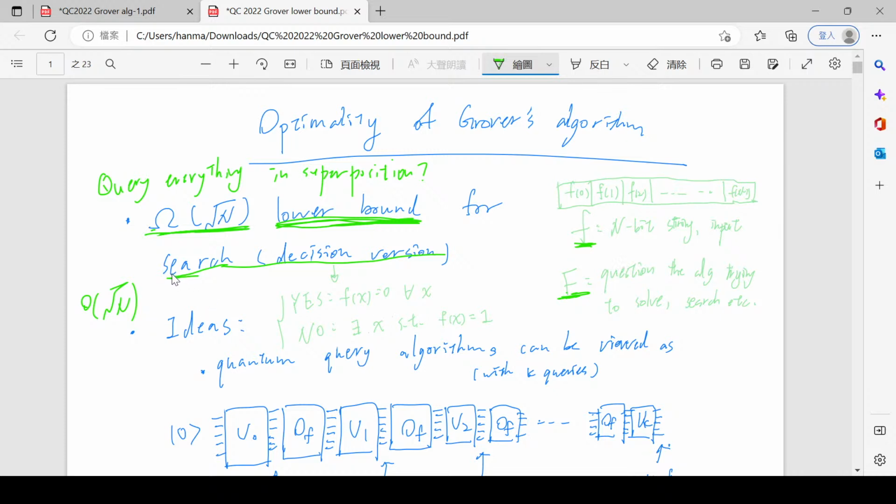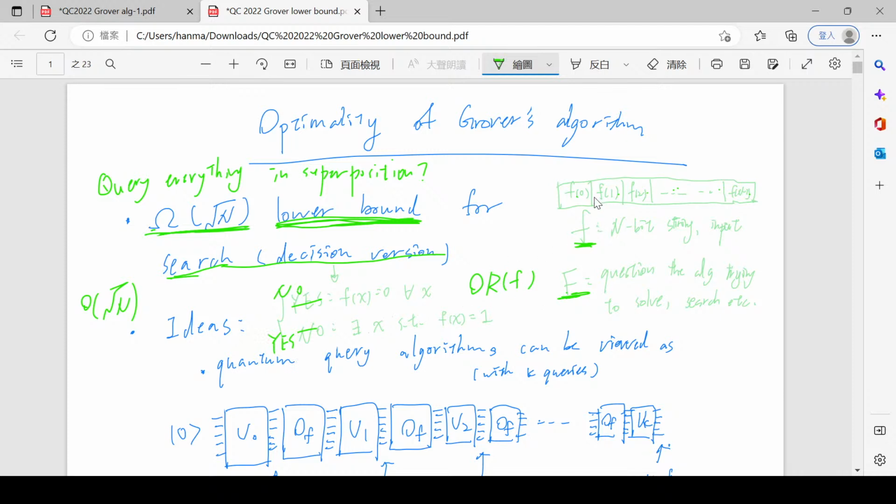So here for the decision version of search, the function is this yes and no set here. And you can also see that this is just the OR function, because we are just taking the OR of all those numbers. If all of them are 0, then we say no, and otherwise yes.